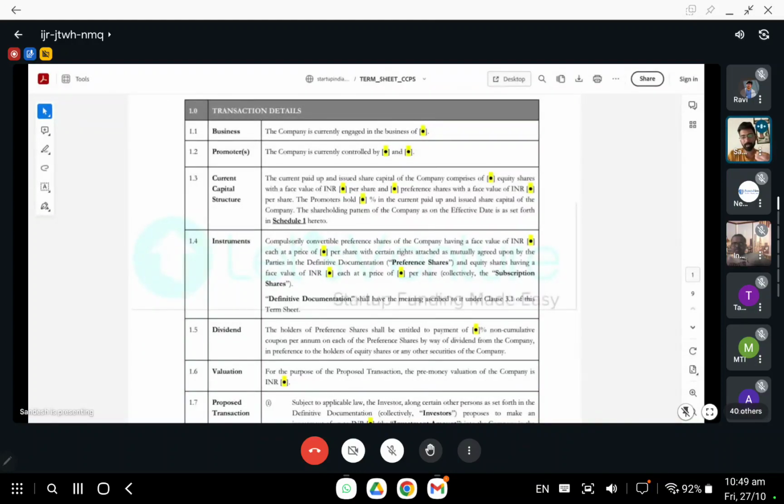Simply put, you need to give them something called an offer letter. I will explain that in detail, but just to answer this question on the chat: you issue an offer letter, then you hold a shareholders meeting and a board meeting, and then you allot the shares to them. At the time of allotment, you give them share certificates. This is, very simply put, the process, but in the next section of this presentation, I'll walk you through what the process is.